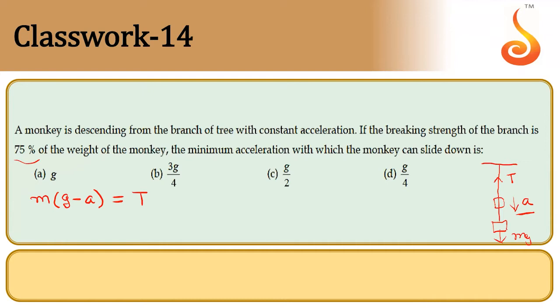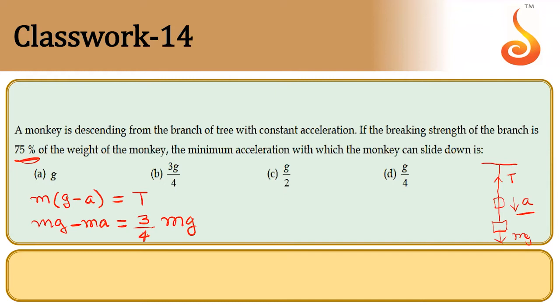So m into g minus a should be equal to T. But T is given, it is 75% of the weight of the monkey. So mg minus ma equals 75%, which means 3/4 the weight of the monkey, correct?